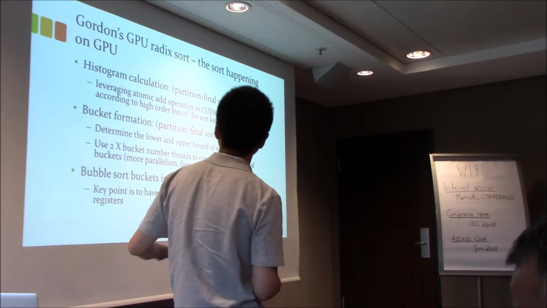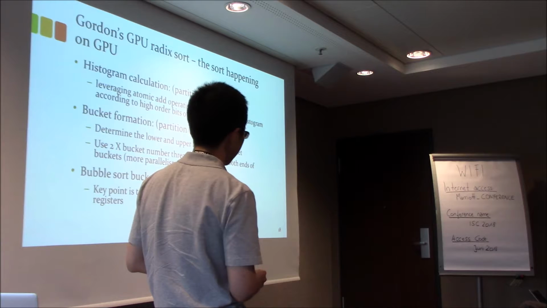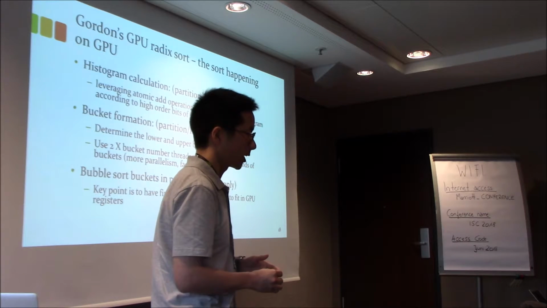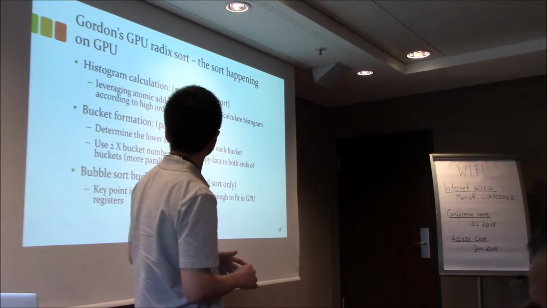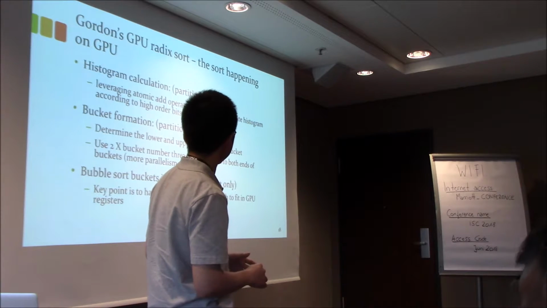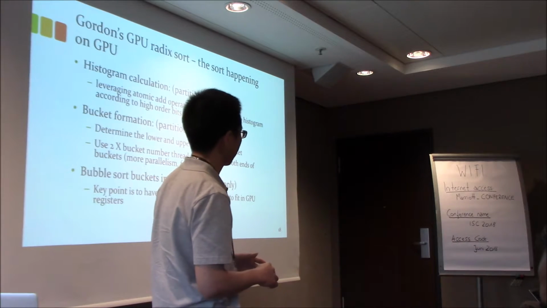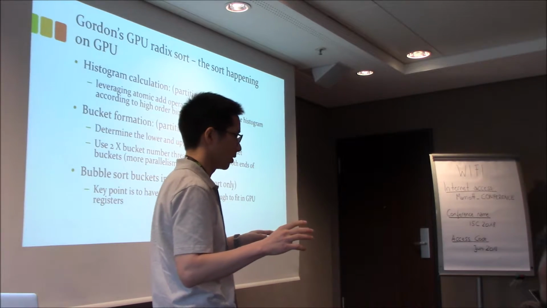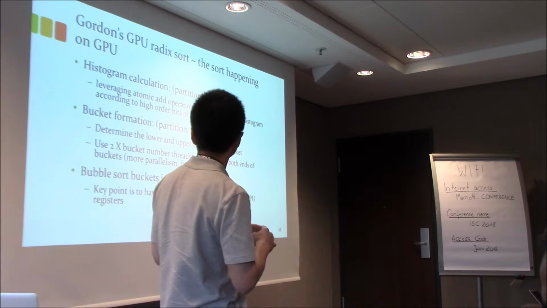Now let's look into what's happening on the GPU side. First, we calculate a histogram based on the input keys, and this leverages the atomic add operation. So we can do the histogram calculation with many GPU threads concurrently.